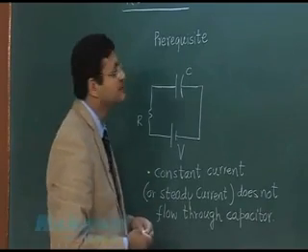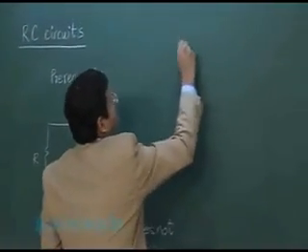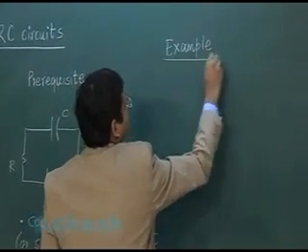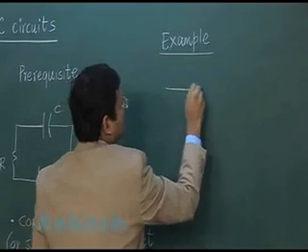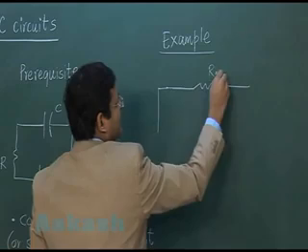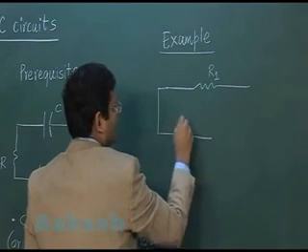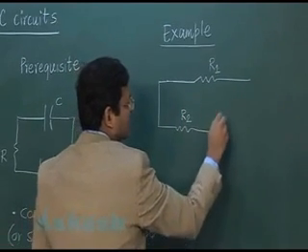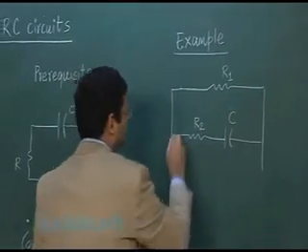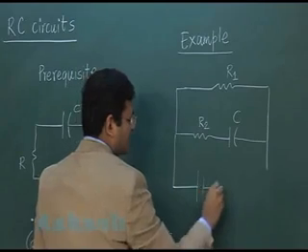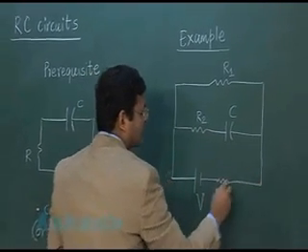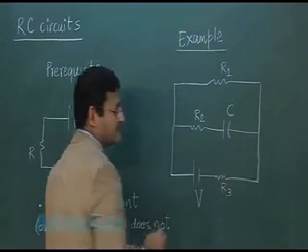Let us take an example. Understand a situation in which a resistance R1 is here, a resistance R2 is connected in series with a capacitor C, and a voltage source V along with another resistor R3 is connected this way.